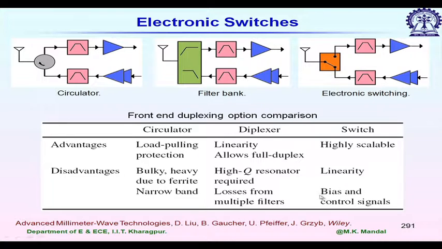Already we have seen for the PIN diode sometimes how problematic it can be. So, the biasing current can also be very high, typically sometimes tens of milliampere. Now, in a system if we have hundreds of switches, you can imagine how much power it will consume.